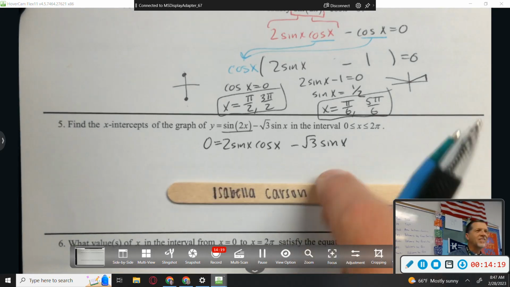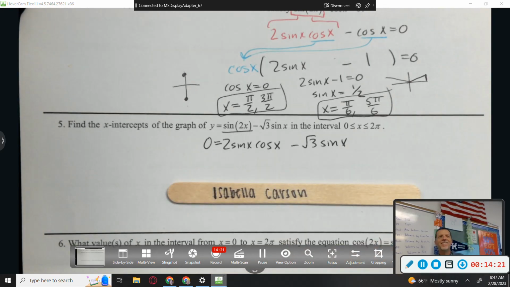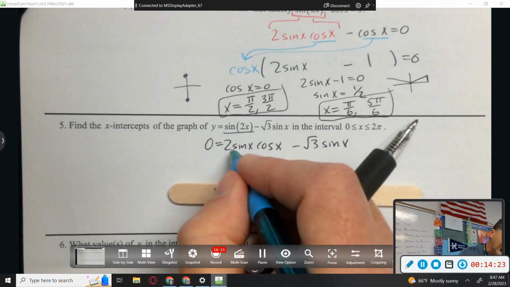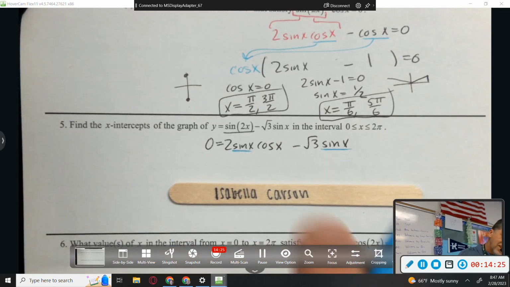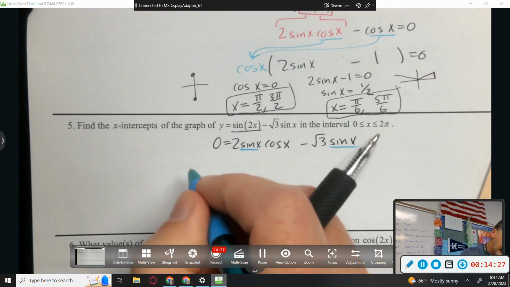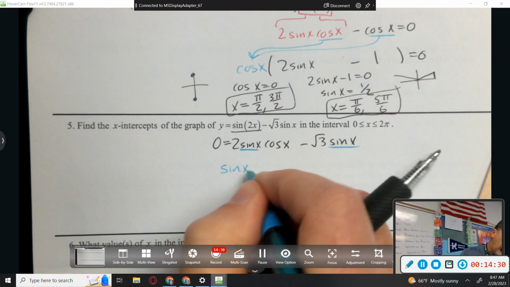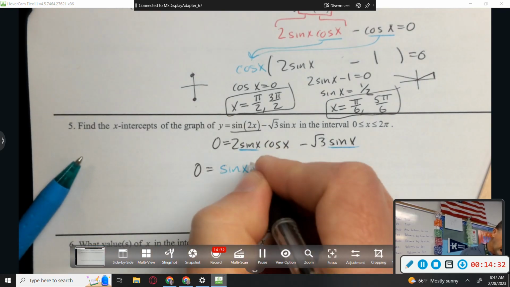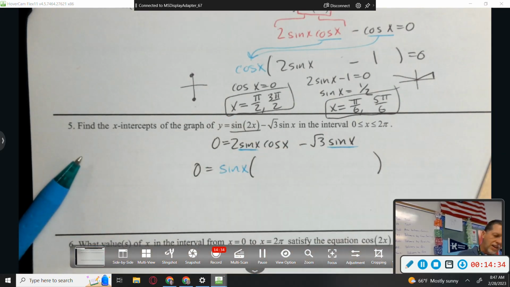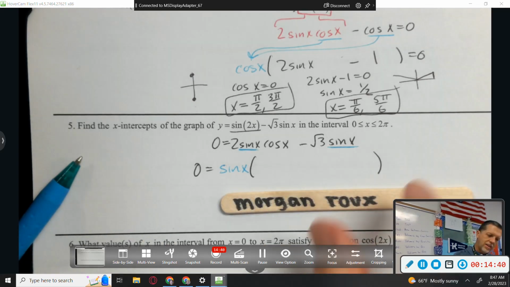Isabella, what do you want to do next? I would factor out a sine as well. A few people mess this up on the test. Factor out a sine, then Morgan, what is left?